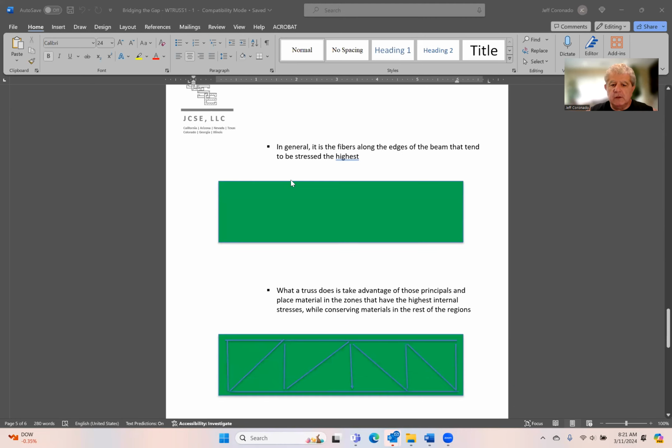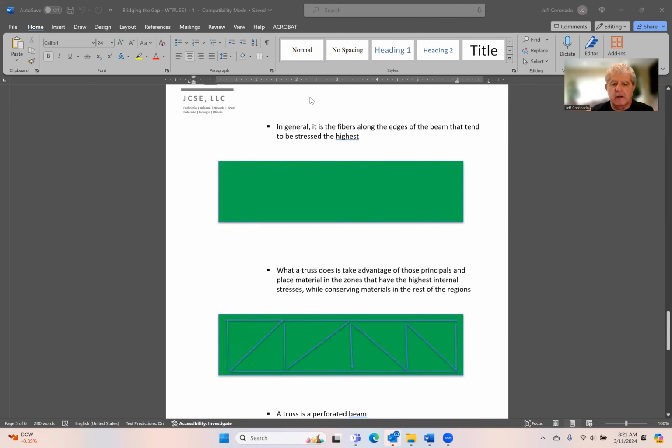So now let's look a little bit at the behavior of a beam.